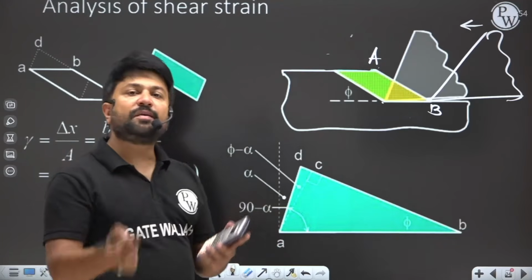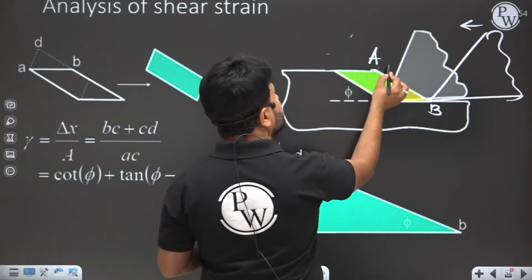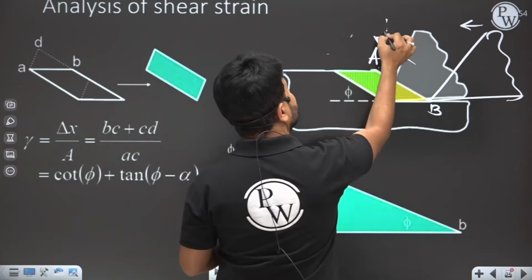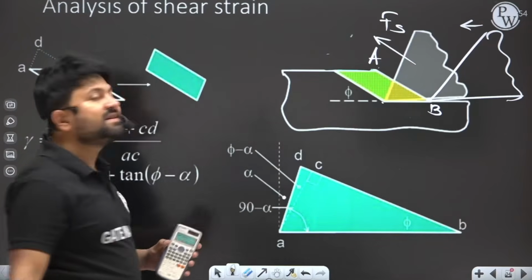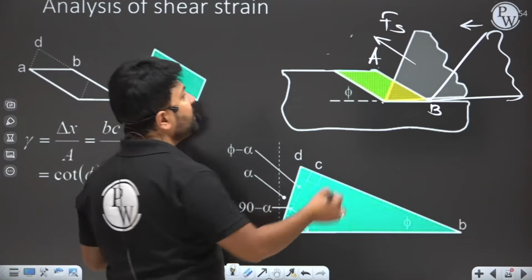In the primary deformation zone, because a shear force is going to act, deformation is going to happen.